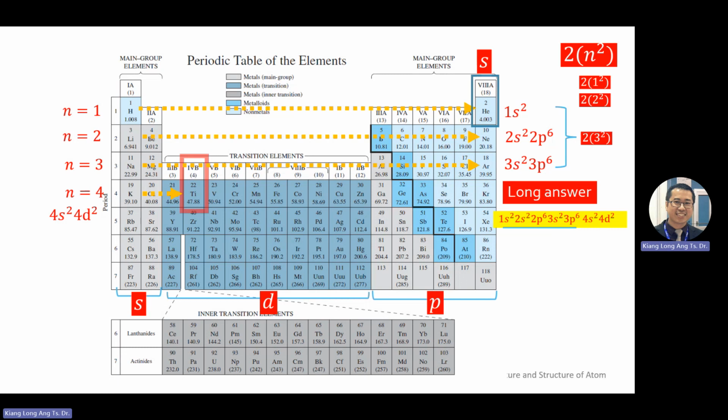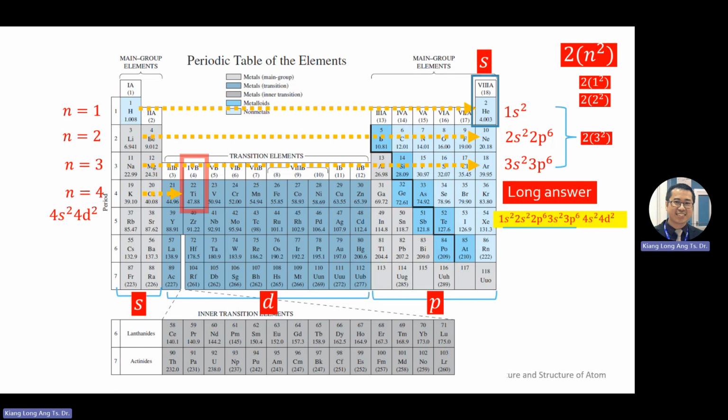It doesn't go to the d. Number 3 doesn't have a d component here. But in the early prediction, we write d here, wrong. Because of energy level. This is based on simple calculation. This is wrong. You refer to the periodic table because number 3 doesn't have a d family. It will give to number 4 first. So the answer will be 4s2, 3d2.